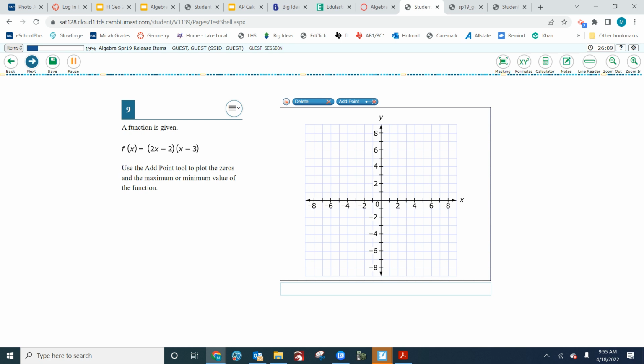Functions given. Use the add point tool to plot the zeros and the maximum minimum. Man, there's a couple ways we could do this one. I Desmos it up right away. Absolutely. Guys, Desmos it. Okay, we're going to get a parabola, right?